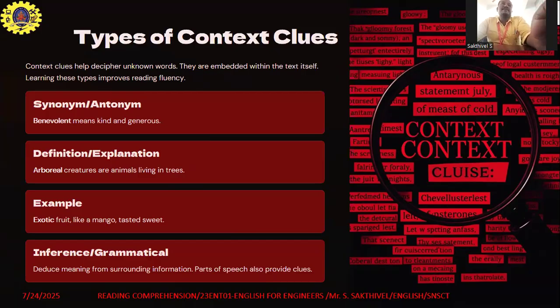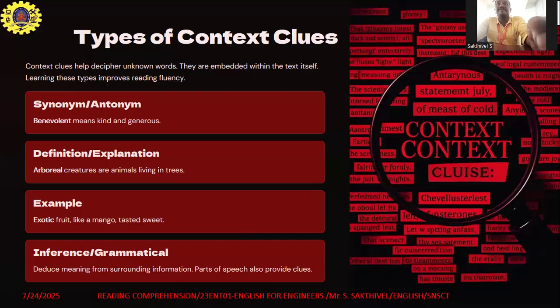So let us see. Context clues help decipher unknown words. What is deciphering unknown words? Words that are unknown to us, to uncover them or make them known, make us learn them. That's called deciphering unknown words.